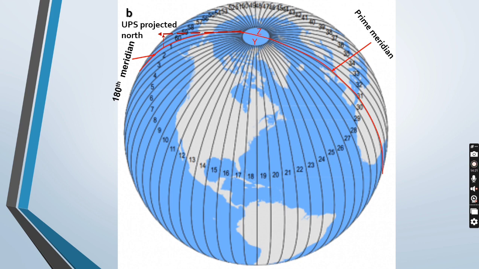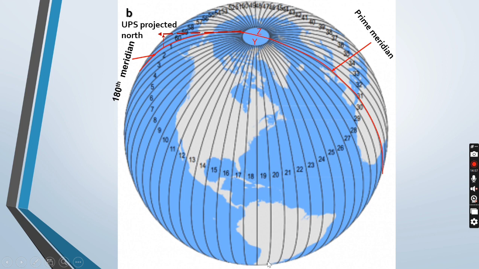It is very difficult, no? South will become below your feet. Now if you project this 180th meridian, conventionally, in the UPS projected map, this projection as north, this portion on the left side will become your west, that is Y, and the right side will become your Z, that is east. Vice versa will be true in the southern pole.